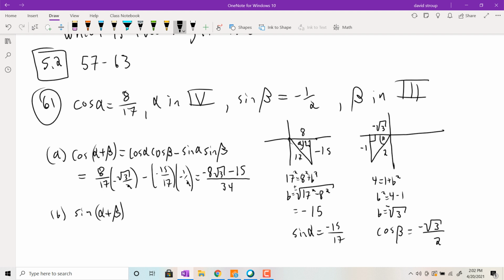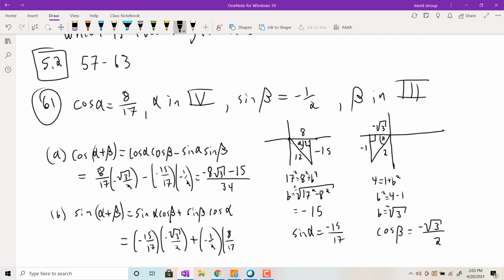Then sine of alpha plus beta, the sine formula, which is on the formula sheet if you need it. So sine of alpha cosine beta plus sine of beta cosine alpha. So in this case, sine of alpha, negative 15/17 times cosine of beta, negative √3 over 2, plus sine of beta, negative 1/2, and then cosine of alpha, 8 over 17.